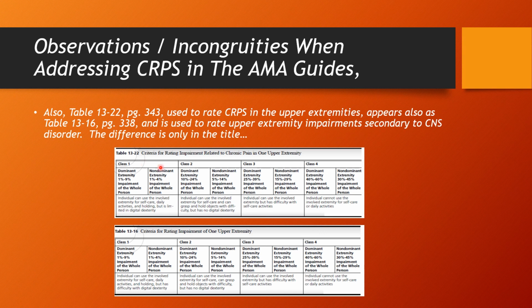Table 13-22 are the criteria for rating impairment related to chronic pain in one extremity, and the exact same table is Table 13-16, criteria for rating impairment of one upper extremity. So we have chronic pain in one and just a regular upper extremity impairment in the other. Interesting observation.